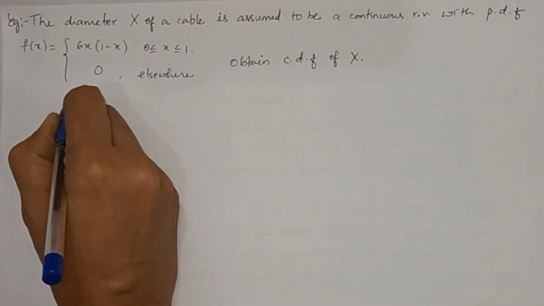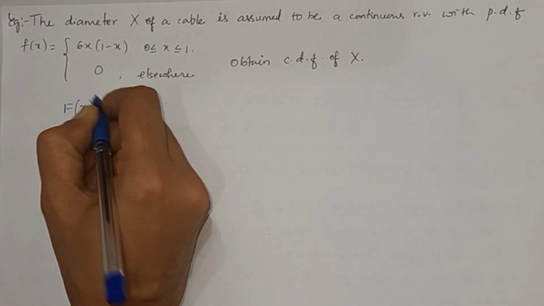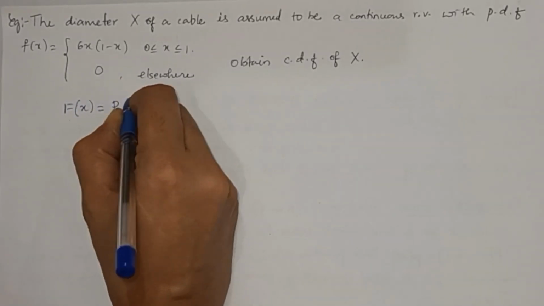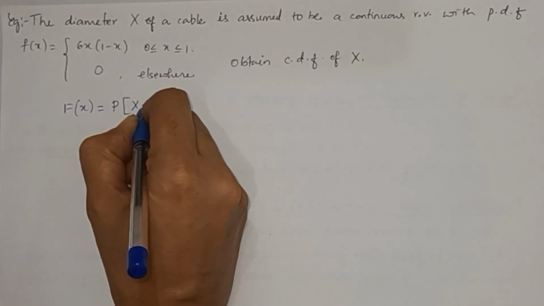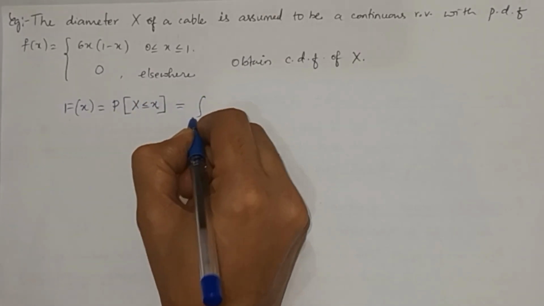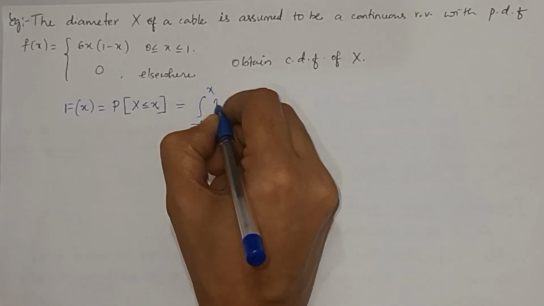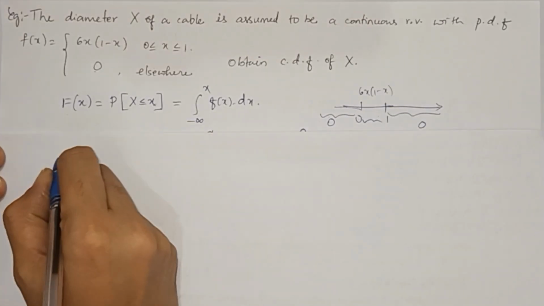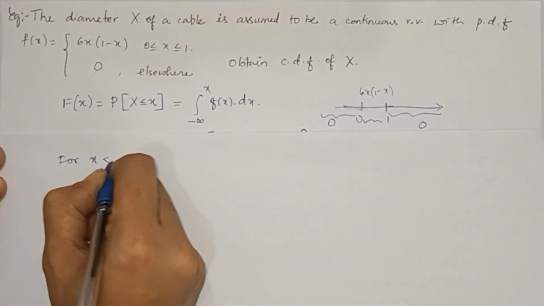Capital F of x is the cumulative distribution function. This is given by the probability of this random variable, so it is the integral from minus infinity to x of f of x into dx. Now the first case is for x less than 0.